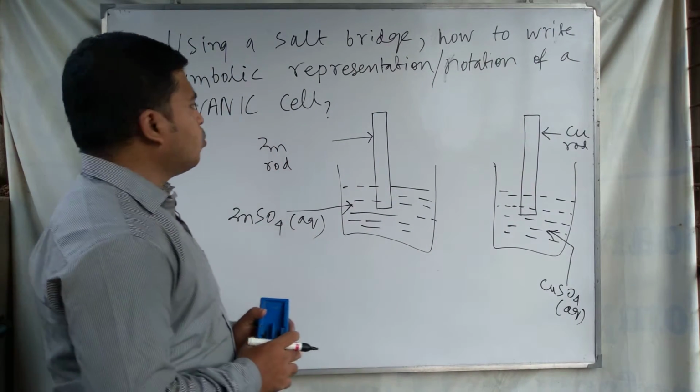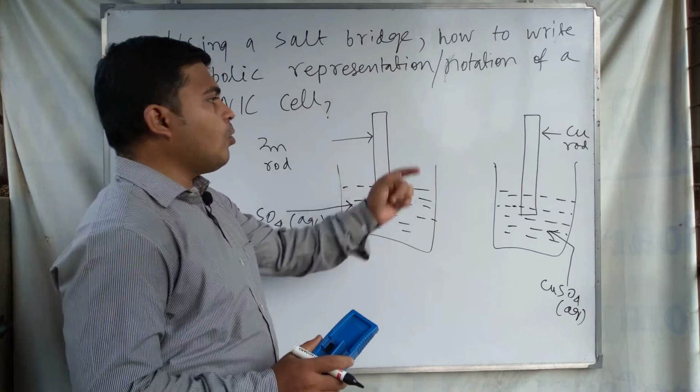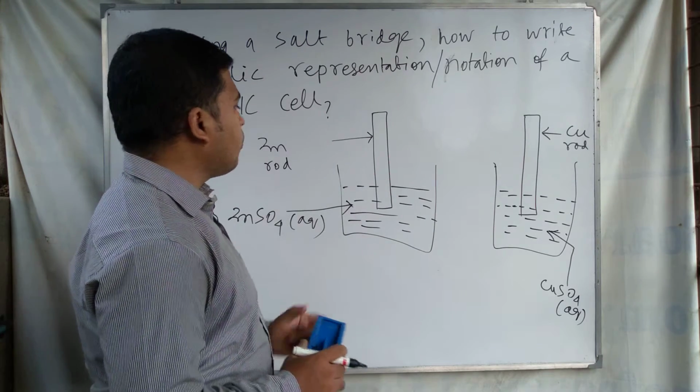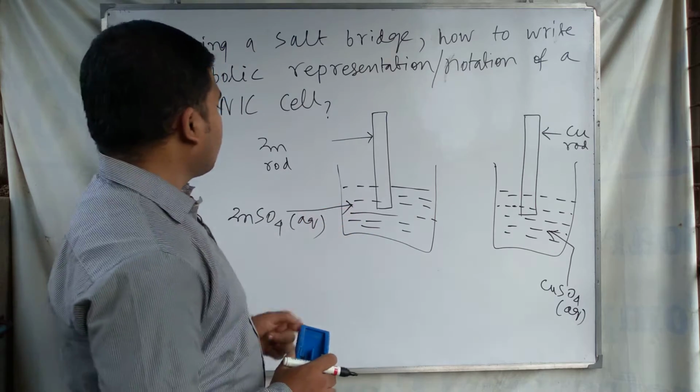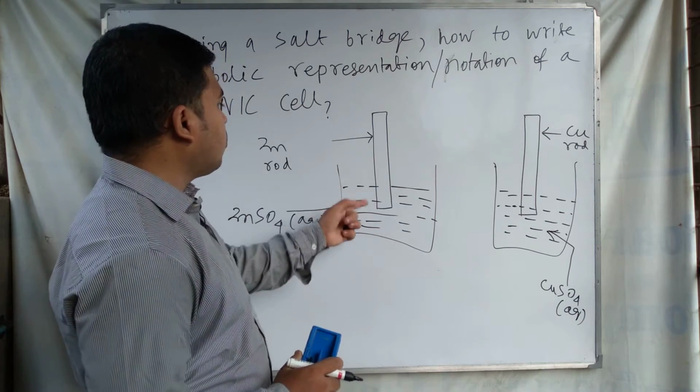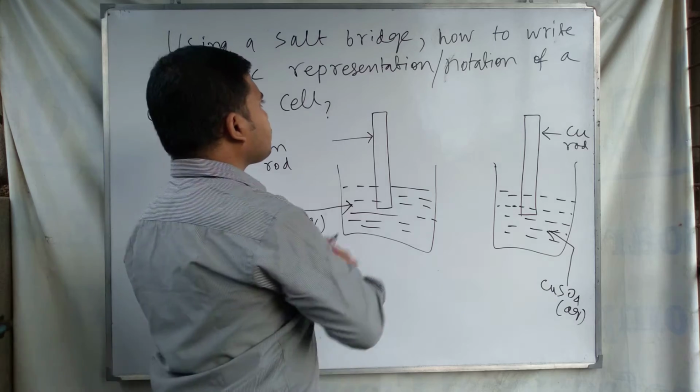So we dip two electrodes, zinc rod and copper rod, in the aqueous solutions of their electrolytes, zinc sulfate and copper sulfate.